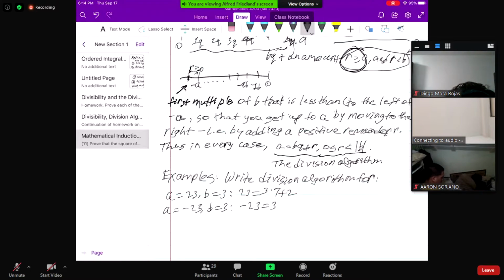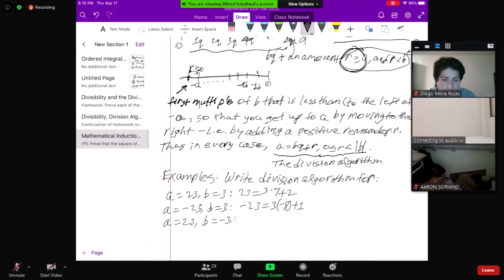And now we have to go a little to the left of negative 23, and that would be as little as possible to the left. Negative 8. So that's negative 24, and now to get back up from negative 24 to A, which is negative 23, you add 1.